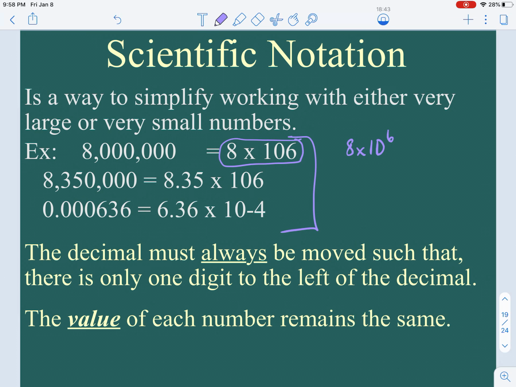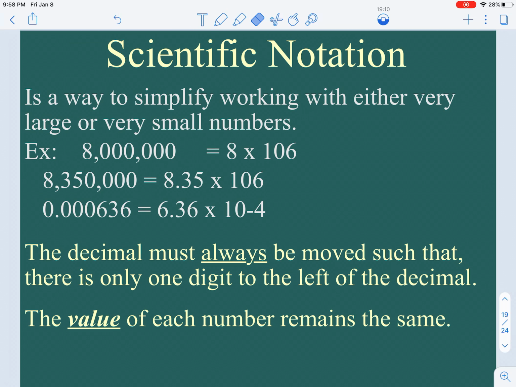So if you're unsure whether you're looking at scientific notation or a math calculation, please ask for clarification. I will go ahead and tell you though, I do not use an X for the multiplication sign in anything that I have typed up, because it could be confused with scientific notation, or it could be confused with the letter X to represent an unknown variable. All right, so just a little bit of extra information there.